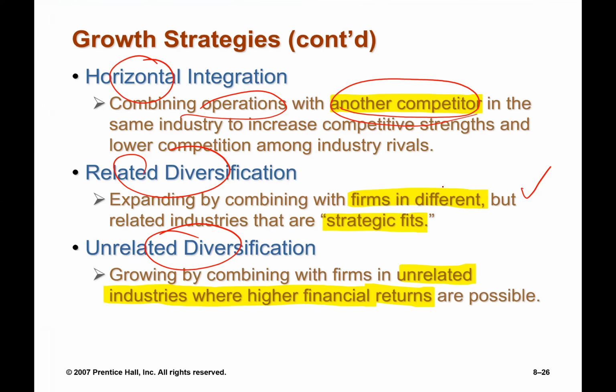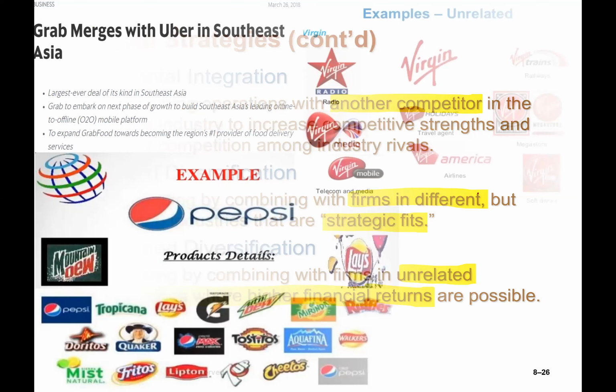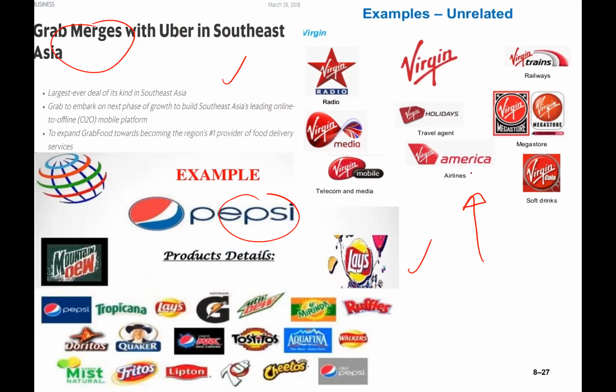And then another one, unrelated diversification. Virgin. As perhaps you might know, Virgin Atlantic is like an AirAsia. But they did diversify into railway, as you notice, and then some mega stores, even soft drinks, telecommunication, media, radio, and whatnot.